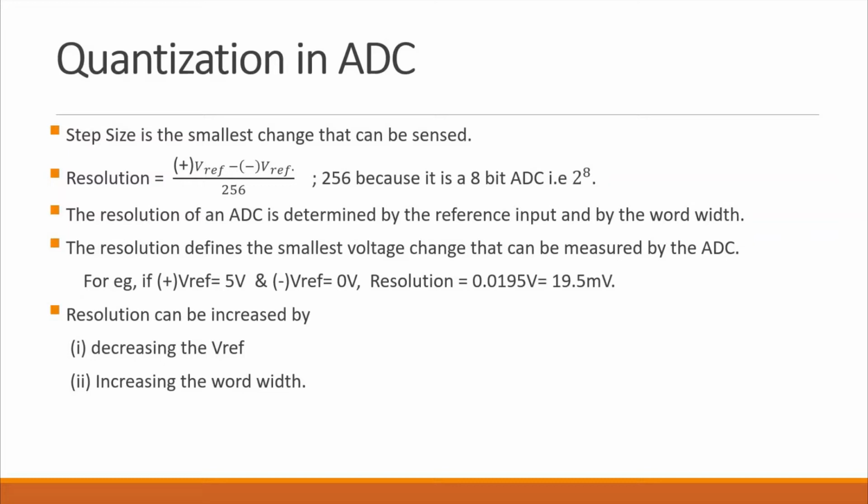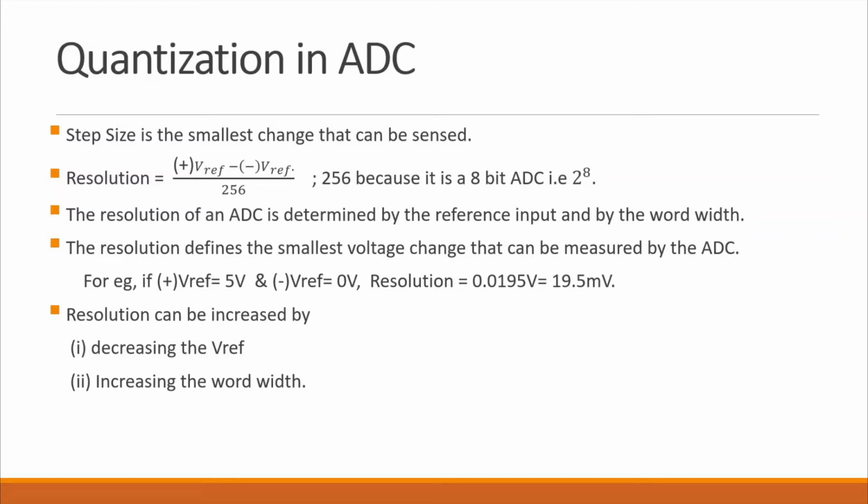Mathematically, it is calculated as plus V reference minus V reference divided by 256. Why 256? Because 256 defines the word length of the ADC. Here I have considered as an example that your ADC is 8-bit, so you calculate it as 2 to the power 8.